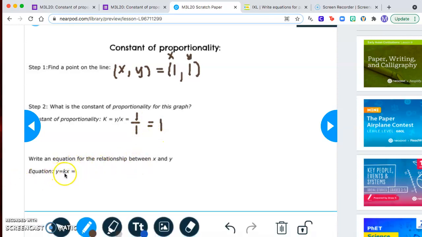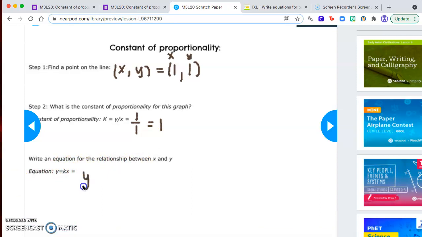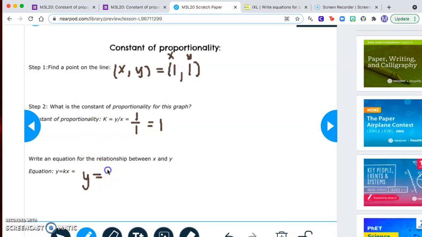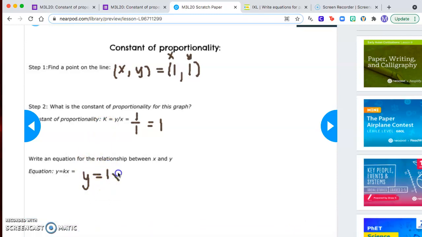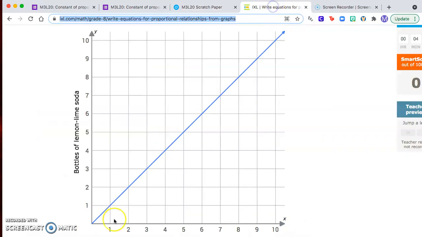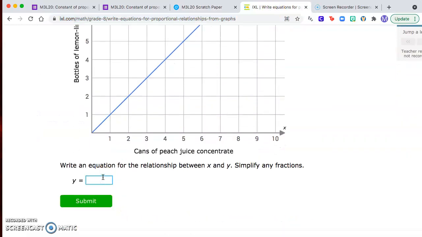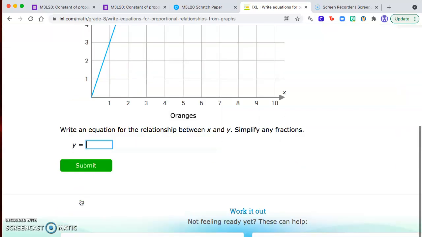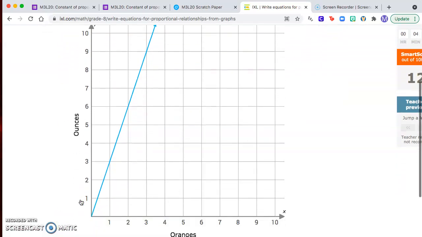The equation is y equals kx, so my equation would be y equals 1x, because k equals 1. That's all you need to do, and that's how you get the equation y equals 1x. You need to find the constant of proportionality in order to find the equation.